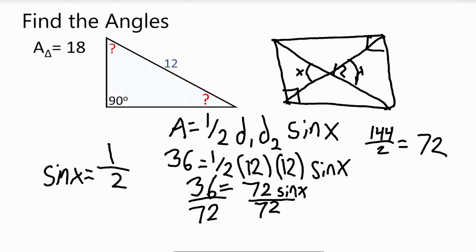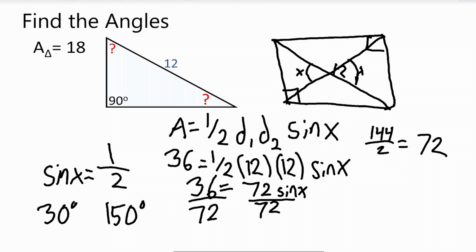What does that mean? Well, if you know your sine and cosine values, you know that sine is equal to 1/2 either at 30 degrees or 150 degrees. So in this case, how do we know if the angle is equal to 30 degrees or 150 degrees?